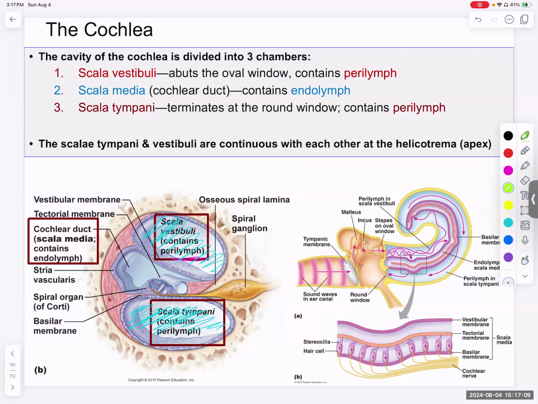And then you're going to have endolymph fluid inside the membranous part. So there's different fluids going on. So you're going to see the scala media, that's with endolymph. So let me see if I can highlight that. And then the scala vestibuli is perilymph and the scala tympani is perilymph.